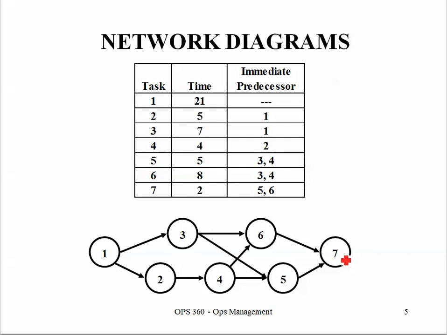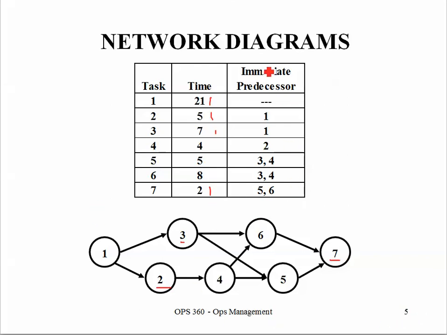Now each of these 7 tasks has a certain length of time associated with it. So task 1 takes 21 days. Task 2 takes 5 days. Task 3 takes 7 days, and so forth, all the way to task 7, which takes 2 days.